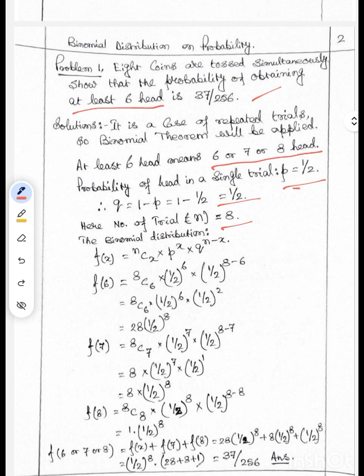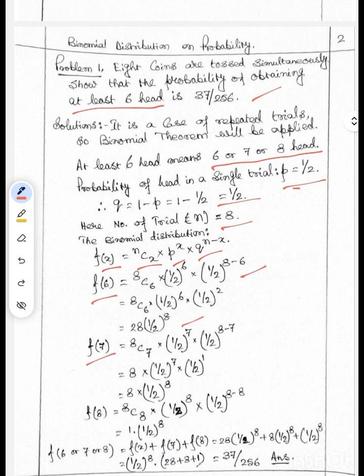Next, the formula of binomial distribution is probability of x equal to n combination x p to the power x into q to the power n minus x. So, probability of 6 heads equal to 8 combination 6 into half to the power 6 into half to the power 8 minus 6, and this comes to 28 into half to the power 8.